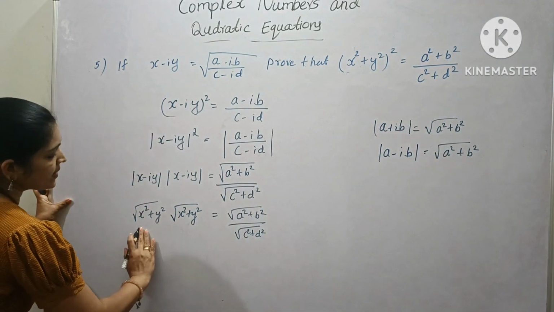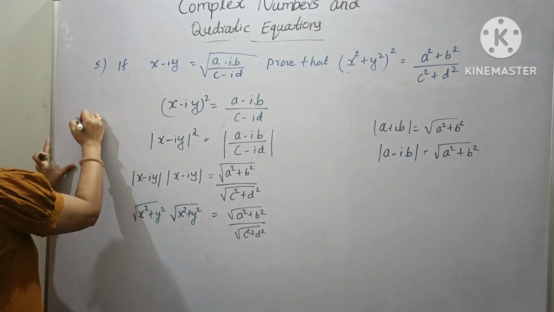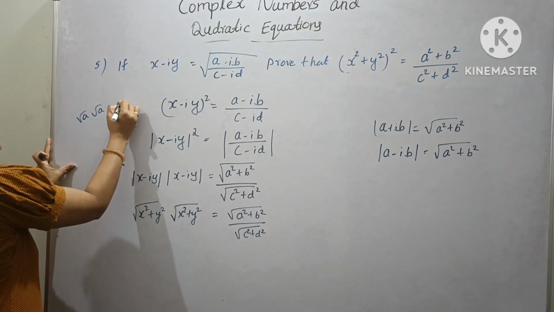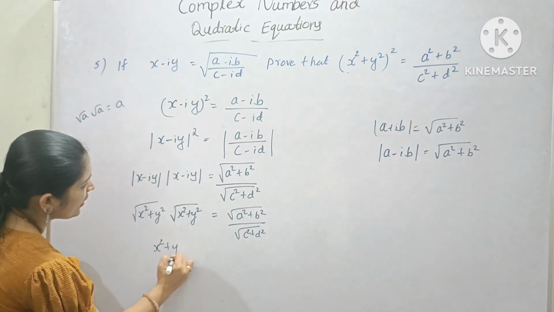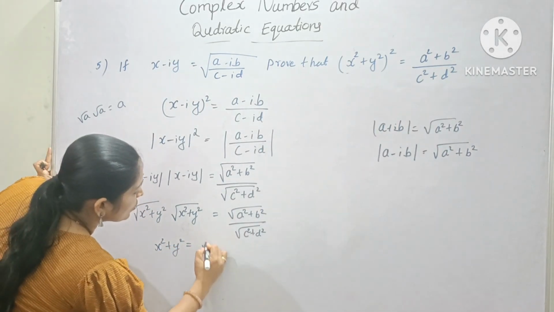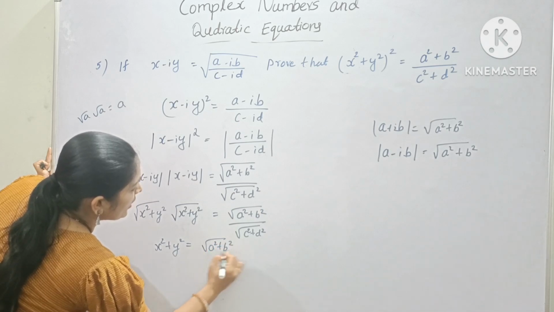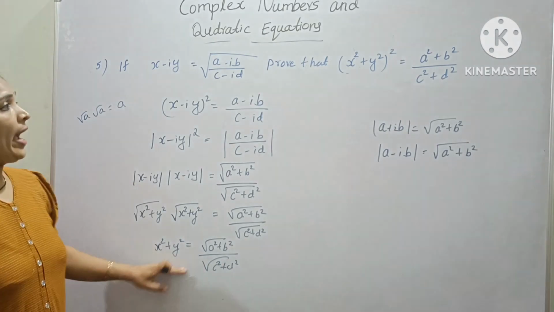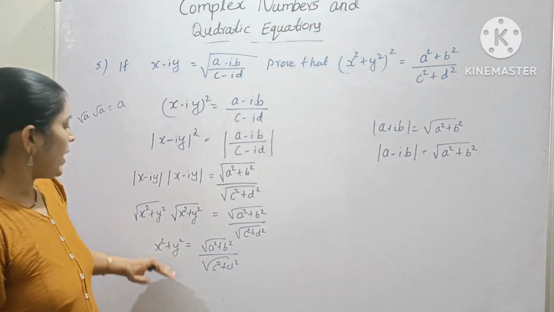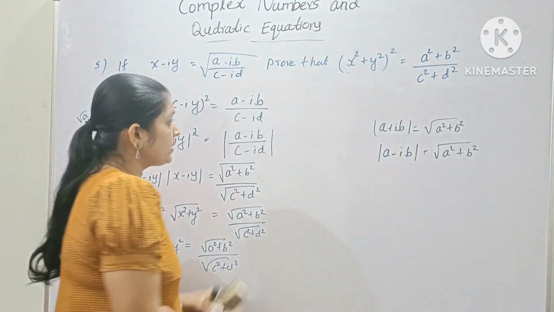Now, root of root is nothing but the number itself. Therefore x² + y² is equal to the root of a² + b² divided by the root of c² + d². Now we have got x² + y², and what is its square?